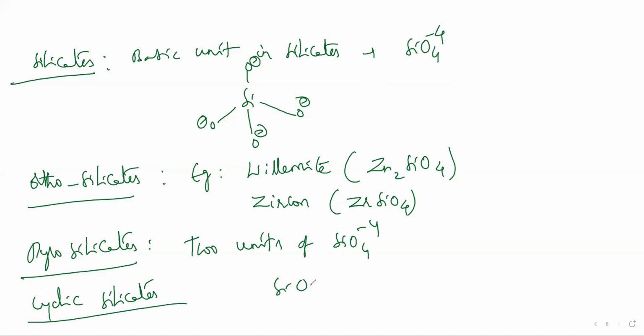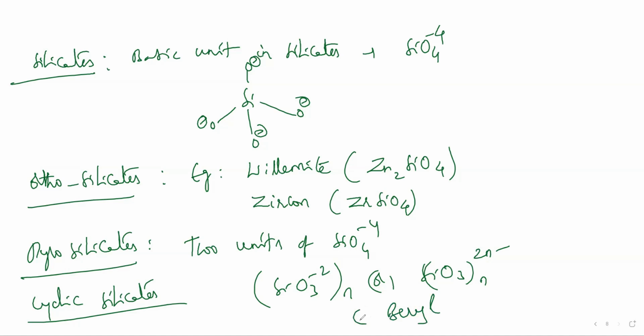What is it? SiO3 2- taken n times, or (SiO3)n 2n-. Example for this is beryl. What is beryl? Be3Al2Si6O18. Okay, so this is beryl. Done?